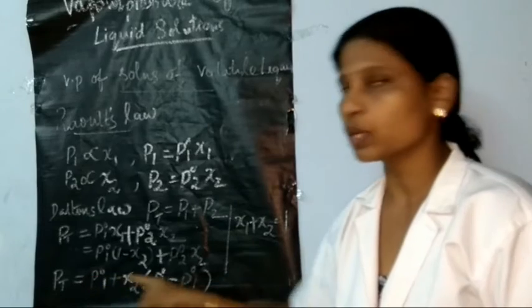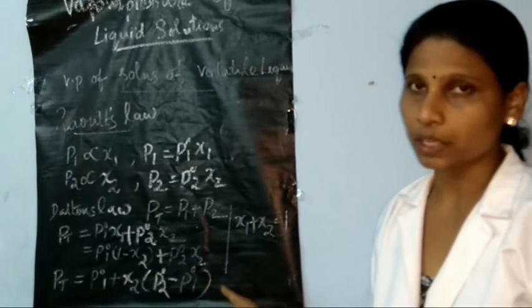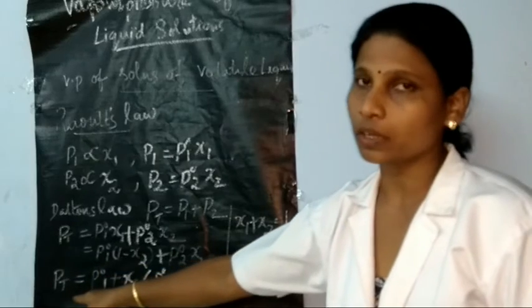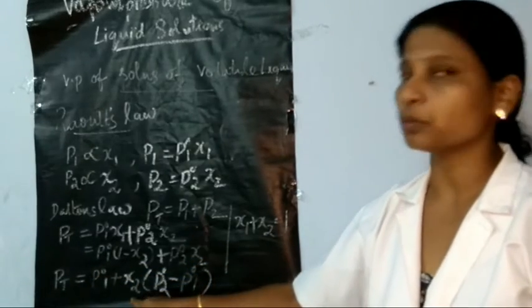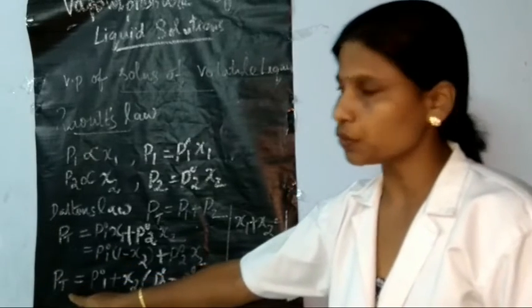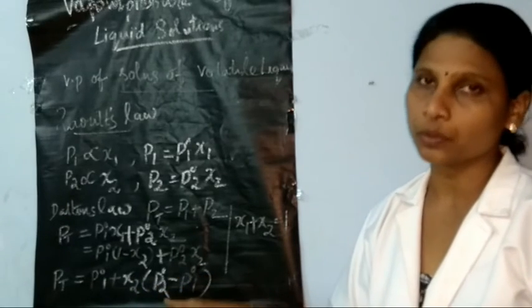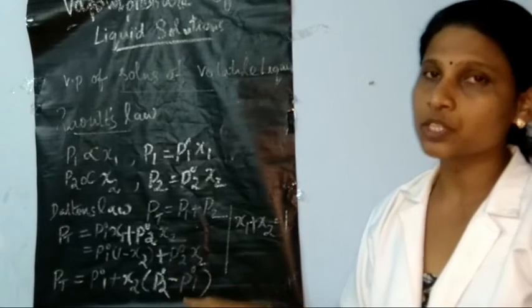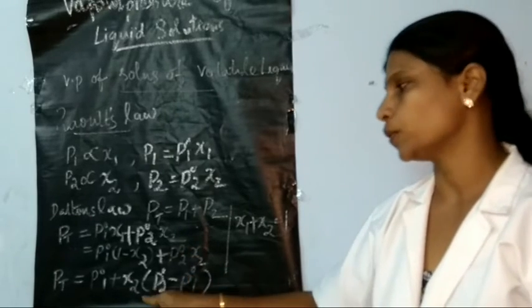So, the total pressure of the solution varies linearly with the mole fraction of any one of the components. That is the first conclusion. The second conclusion depends on the values of P01 and P02, the vapor pressures of the pure components, that is, solvent and solute.